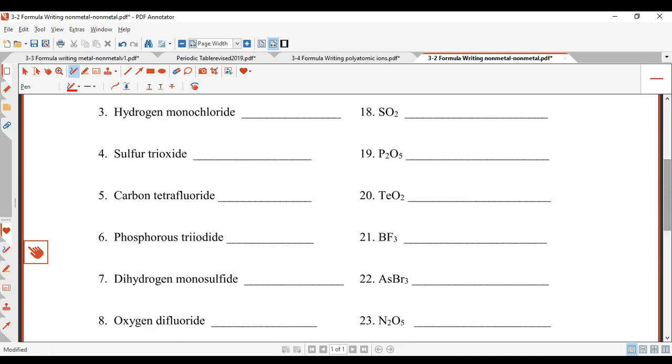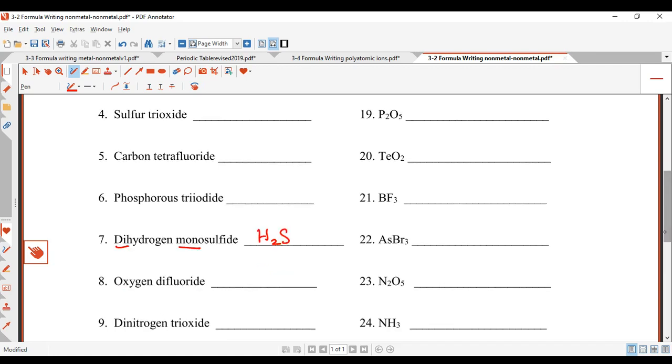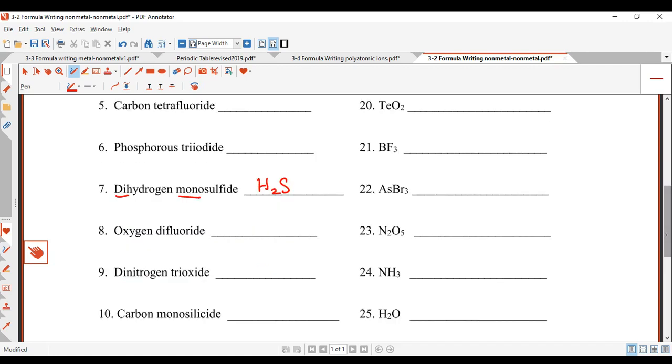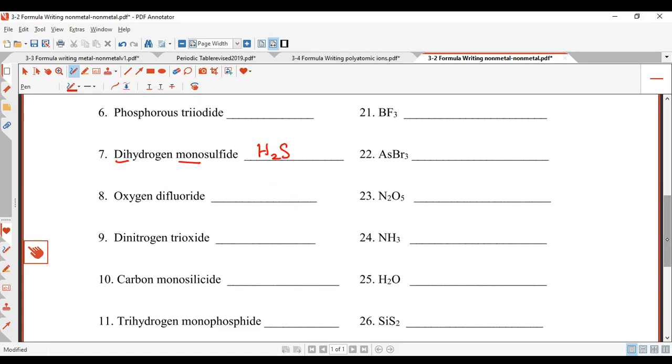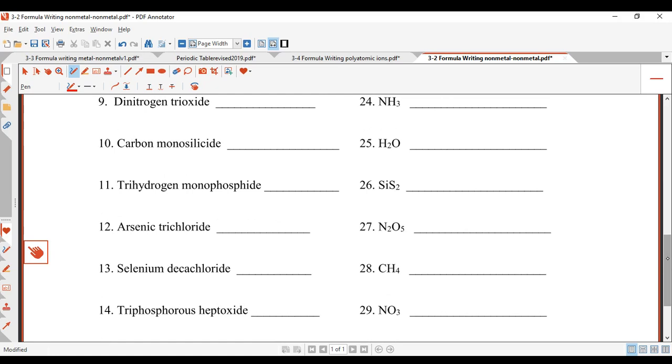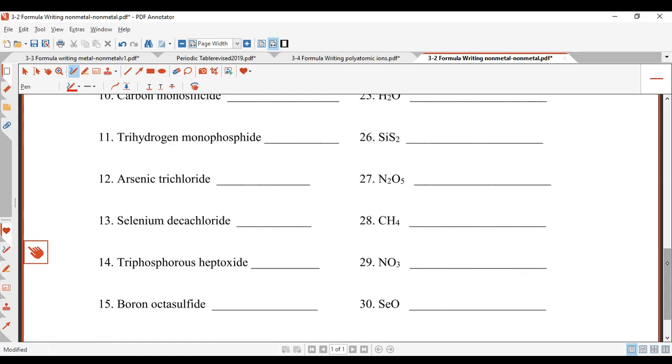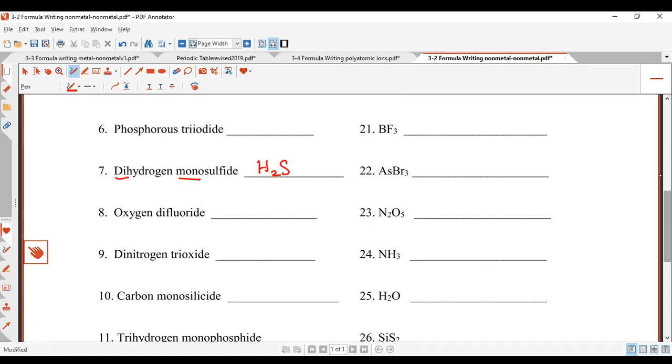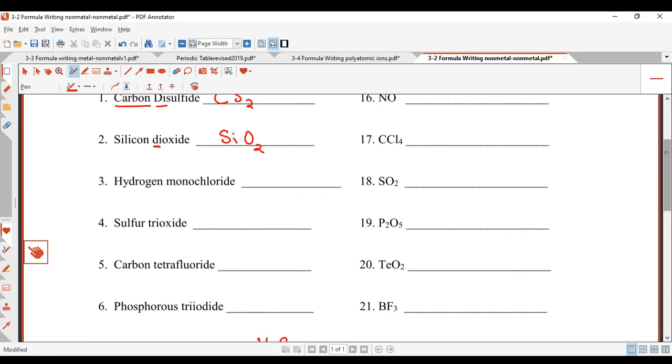And here, with number 7, we have that di here, so H2, and then mono, S. And seeing if there are any that we could have simplified. I don't see anything like that. Okay, let's go to the next side.